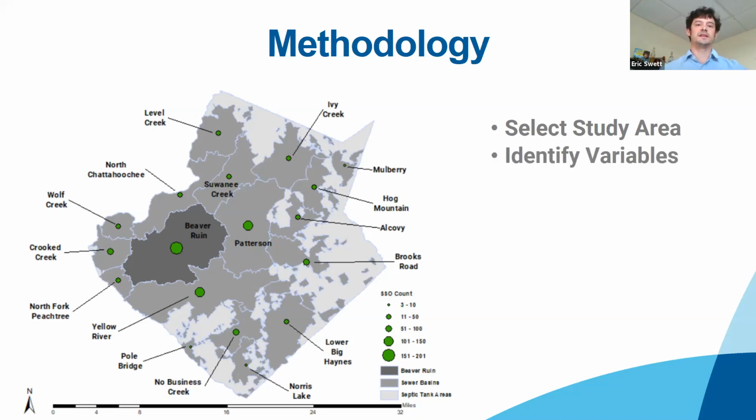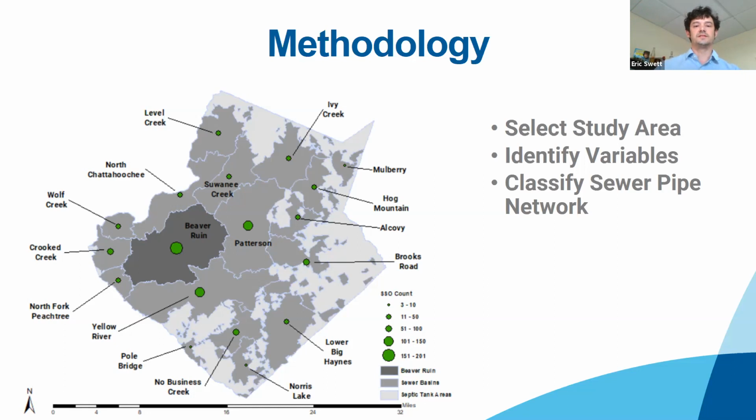The next thing I did was identify the variables I was going to use for the regression. So I had to take some time to look through the data I had available. The next step was to classify the sewer pipe network. This was something that was mentioned, and we typically do not classify our sewer network similar to streams. If folks are familiar with the Strahler stream ordering, we just classify our pipes based on diameter, material, and things like that.